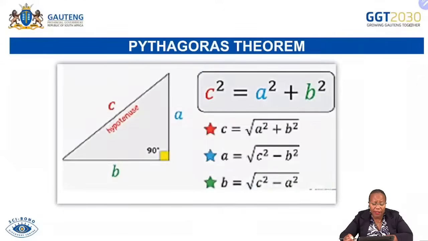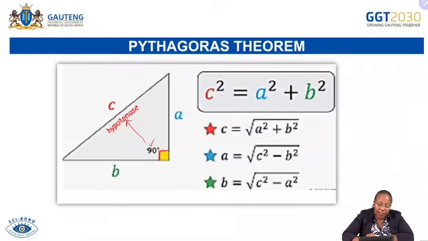And then we have the Pythagoras theorem. We know Pythagoras only works with a triangle of 90 degrees, or a right-angled triangle. When you see that square cap there, it is a cap that is indicating an angle of 90 degrees. So the side that is opposite the 90 degrees is your hypotenuse side.